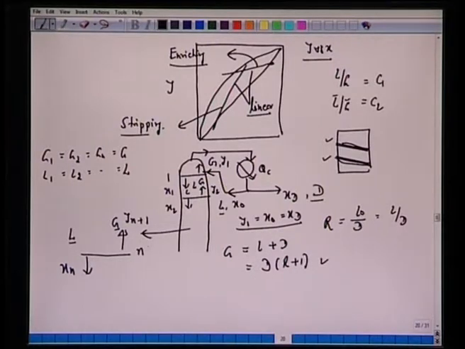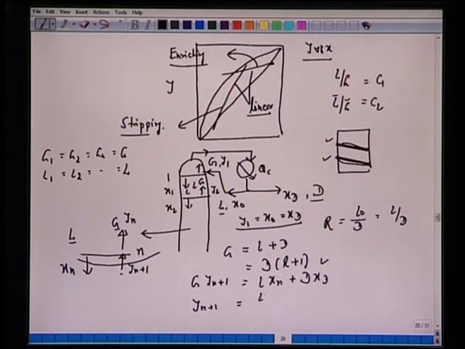If we now make a total species balance, we have G Yn plus 1 here, and here we have just Yn. So we are taking the envelope of this stream and this stream: G Yn plus 1 equals L Xn plus D XD, and then we have Yn plus 1 equal to L over G times Xn plus D over G times XD.